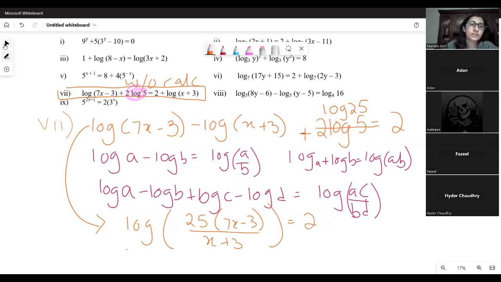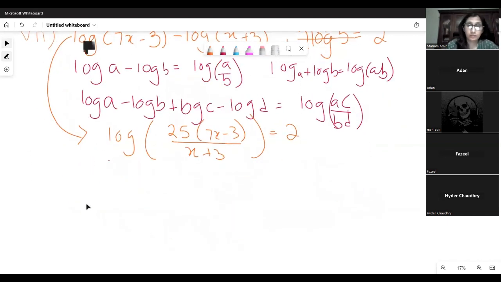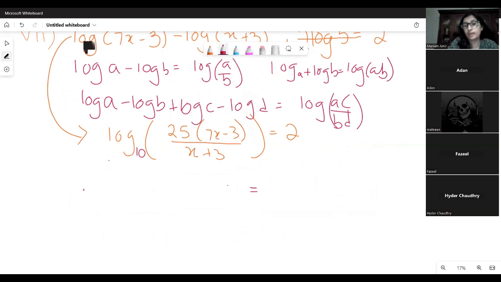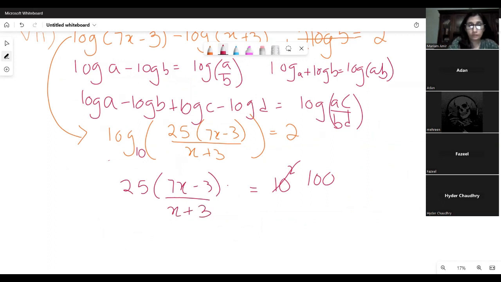Now send log to the other side. It's base 10 here, so when log base 10 goes to the other side, it becomes 10 square, which is 100. And 25 and 100 can be cancelled out and we get 4 on the right hand side. So we have 7x minus 3 upon x plus 3 equals 4.